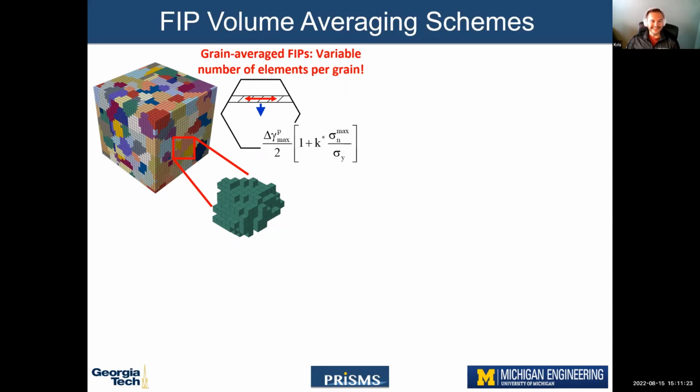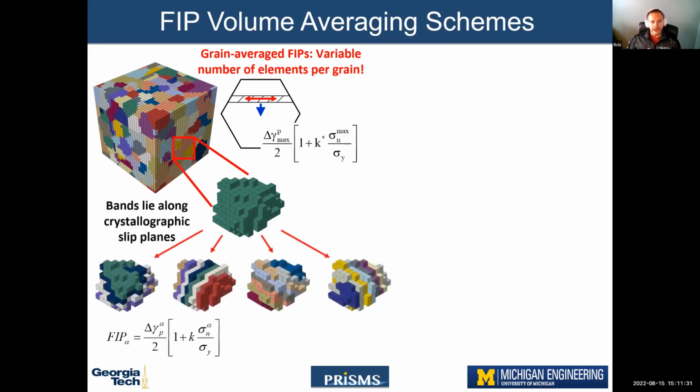Plus, if your grain has a lot of elements, that means you may too intensely smear the extreme value FIP in a certain part of the grain. A more sophisticated approach would be to first separate the elements of a grain into bands that lie parallel to crystallographic slip planes.